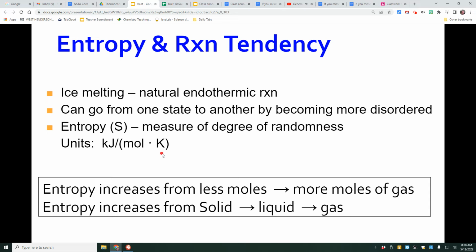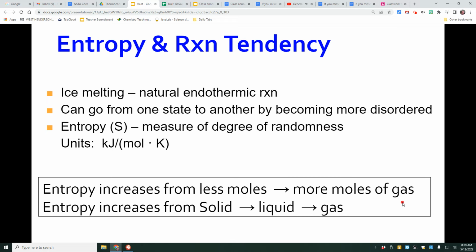Now, this means that if you think about it, if I only have two particles, there's only so many ways I can mix those two things up. But if I have 3 or 4 particles, I can mix up 4 things more than I can mix up 2 things. So if I go to more moles of specifically gas, it is an increase in that disorder.